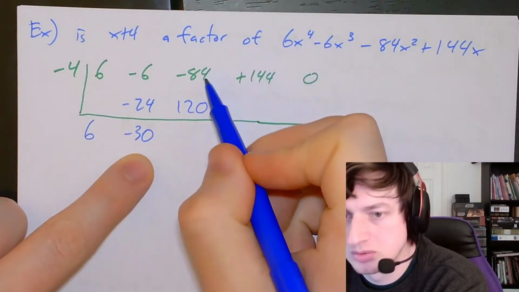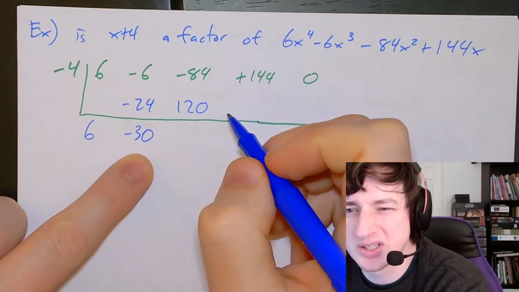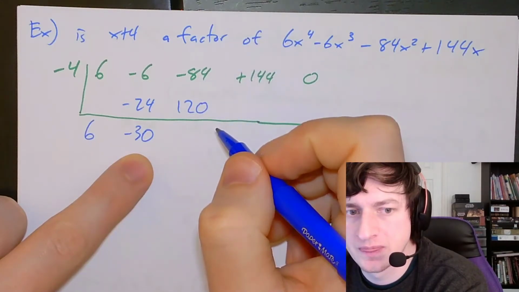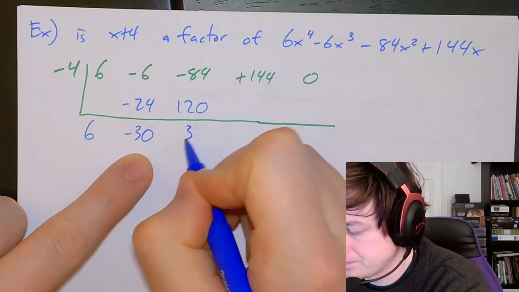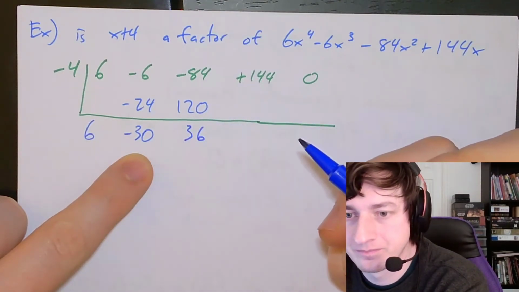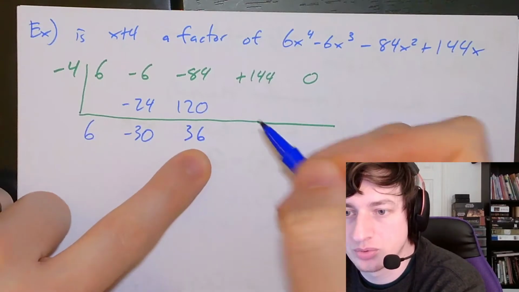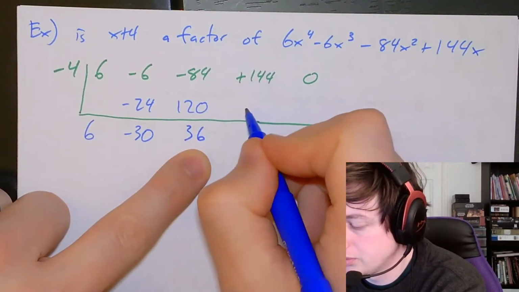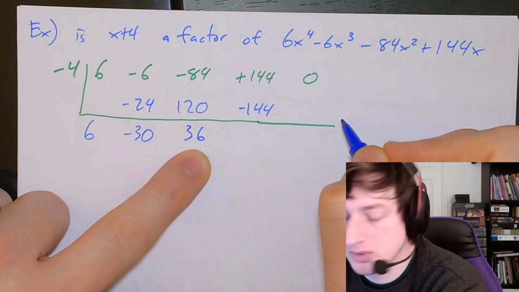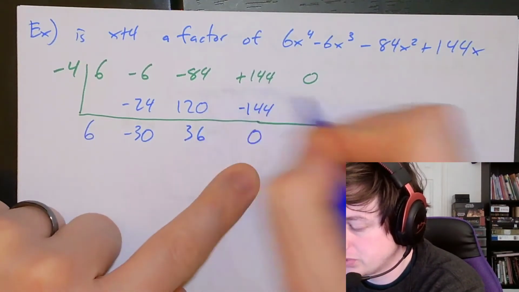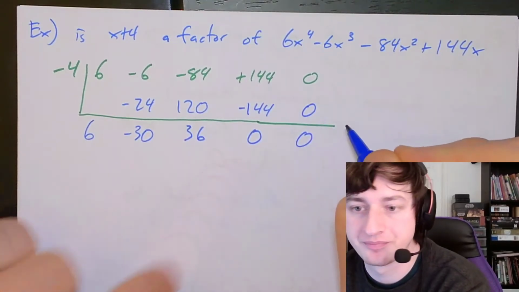And so 120 minus an 84 is 36, I want to say. Times negative 4 gives me negative 144, which means we get 0.